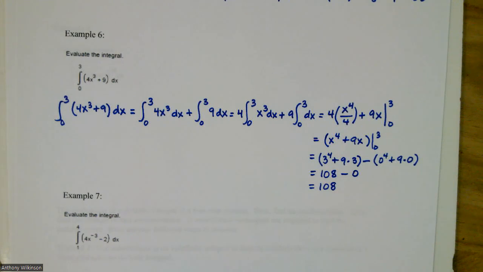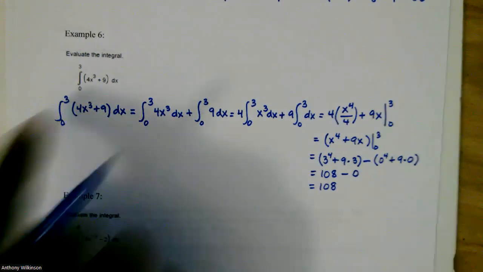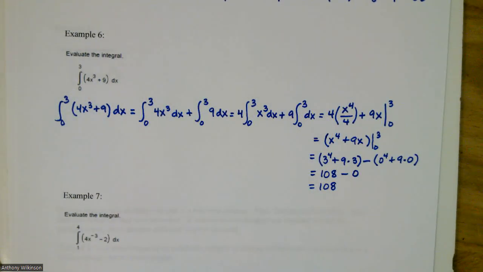So the integral from 0 to 3 of 4x cubed plus 9 dx will be 108. That represents the area of this function between 0 and 3, I should say.